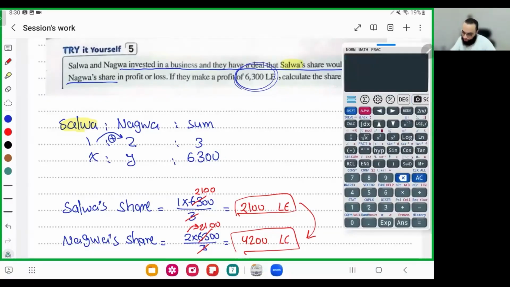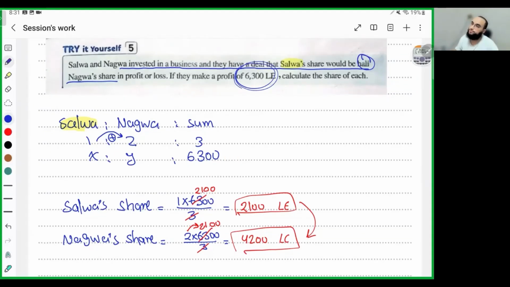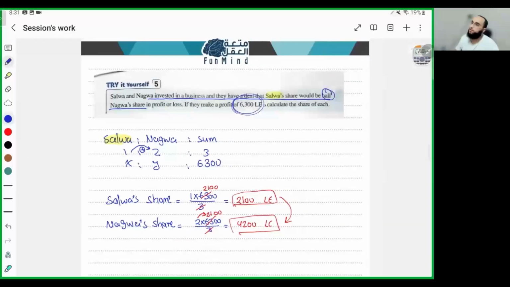Let's check. 2100 plus 4200. Yes, it's 6,300. If it is any other number, we have a mistake. Right now it's the same, 6,300, so we are correct. Okay?